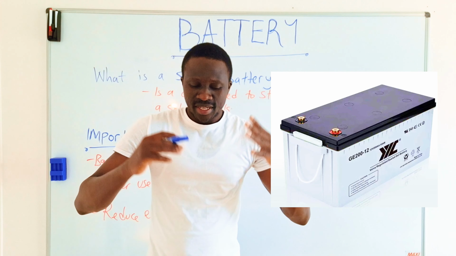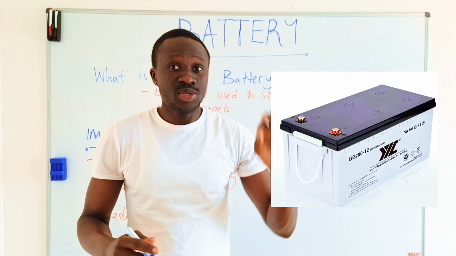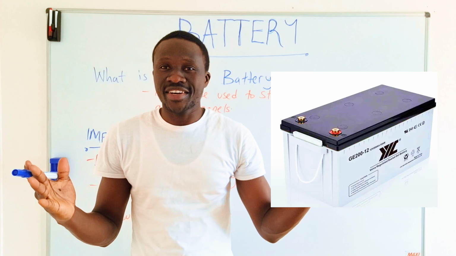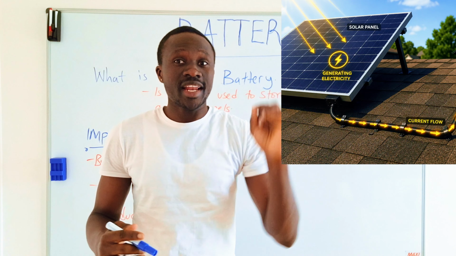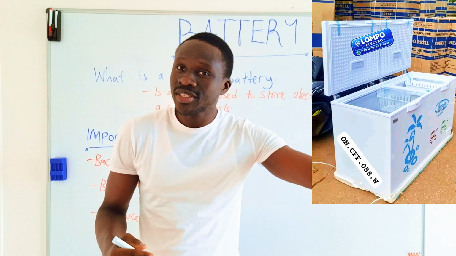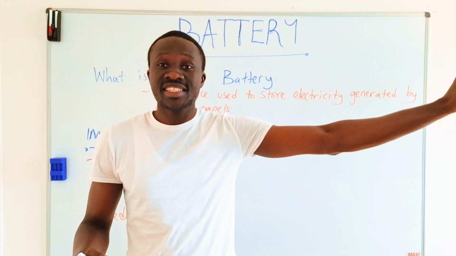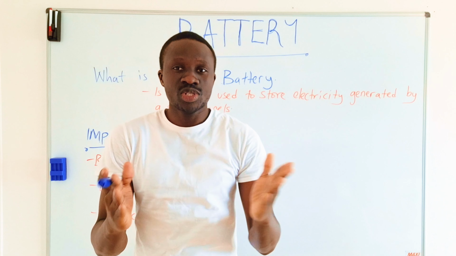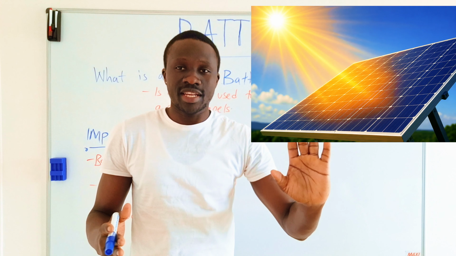In a solar system, during the day like this time, it is day, okay? Solar panels are producing electricity or electrons. These electrons go to our loads. Some bulbs can work when the sun is there. As I told you, solar panels work only when the sun is available.